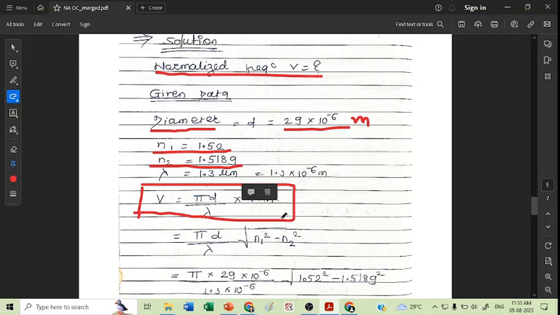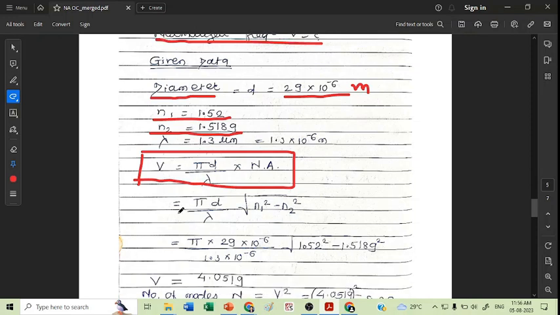As we know, numerical aperture is given by under root of n1 square minus n2 square. So the formula becomes pi d upon lambda into under root of n1 square minus n2 square. Now we know d, lambda, n1 and n2, and the unknown is V. From this we can find V.